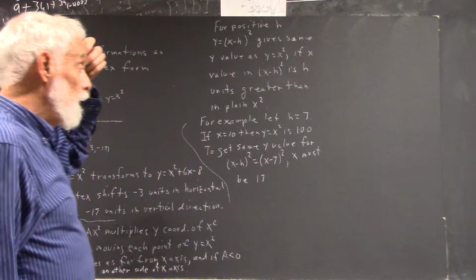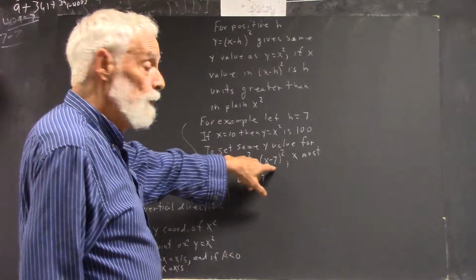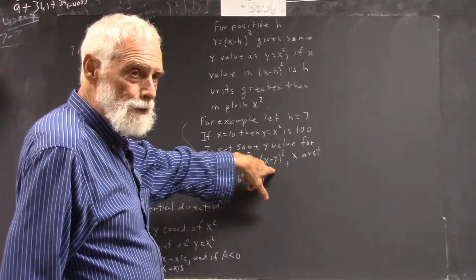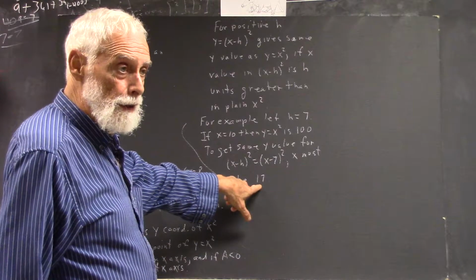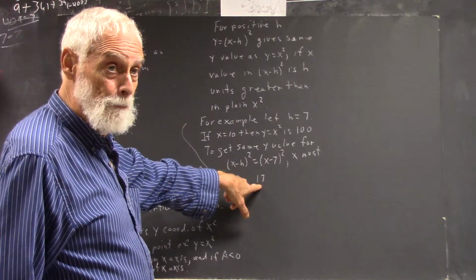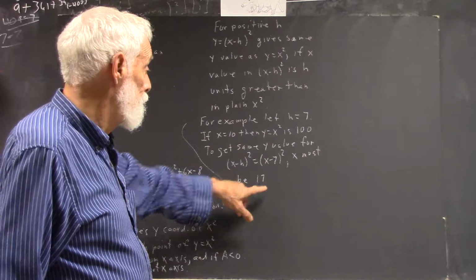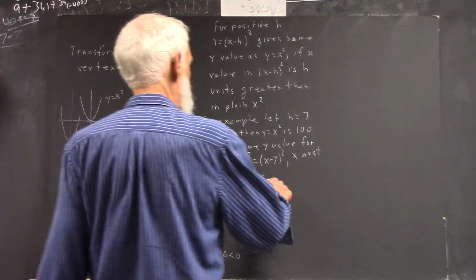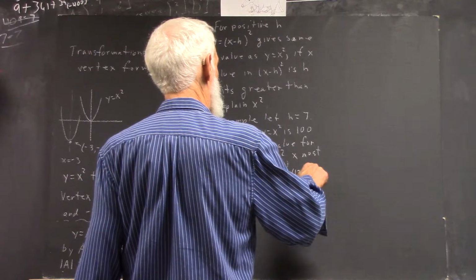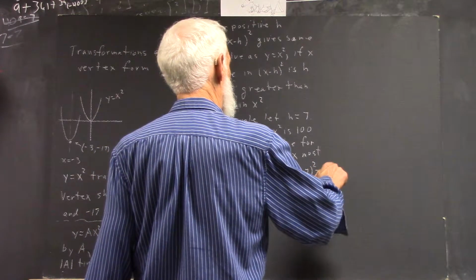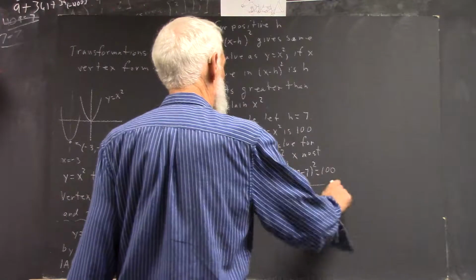To get the same y value for x minus h squared, and h being 7, that would be x minus 7 squared, it should be pretty clear you got to let x be 17, right? Okay?